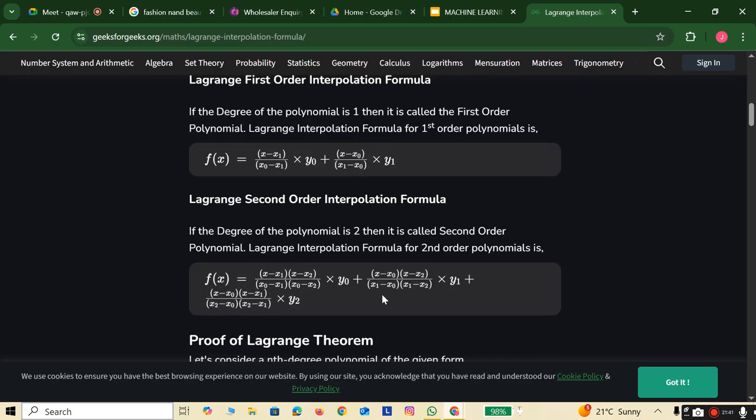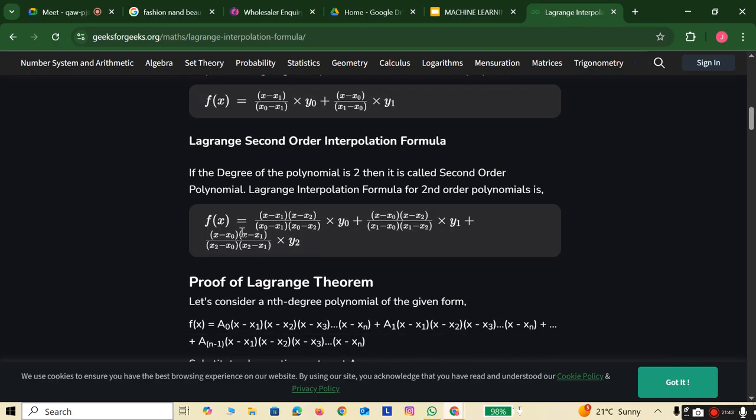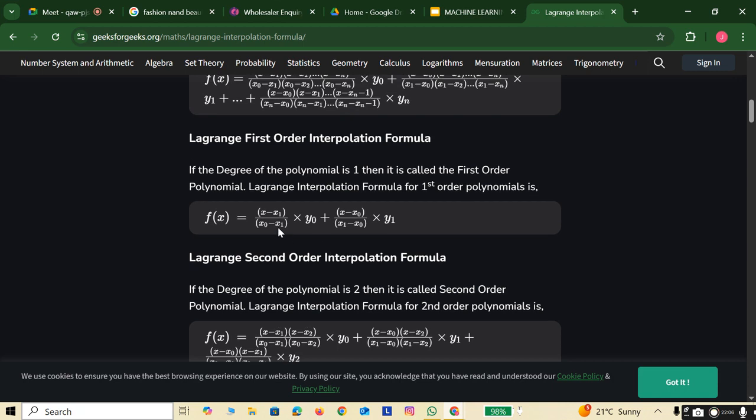I don't know how to explain it, but as you can see, we have a second degree multiplier. You can even go to the n order Lagrange interpolation formula. That means we are going to have many multiplications of the differences of x's. So as you can see, we have x1. Let me use the Lagrange first order interpolation formula.